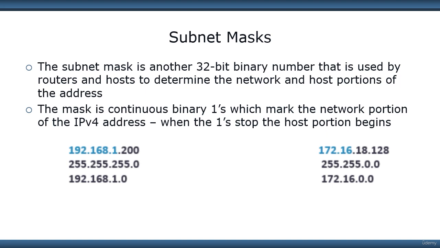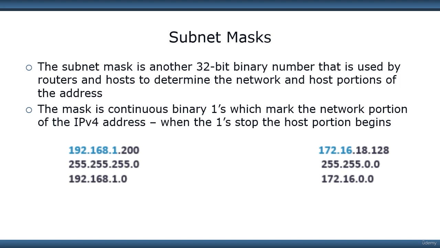First one on the left, 192.168.1.200, that's a 32-bit IP address. The next one, 255.255.255.0, that's a subnet mask. Well, without going into the binary, which we will when we get into some of these demos, I will just tell you that all binary zeros is 0.